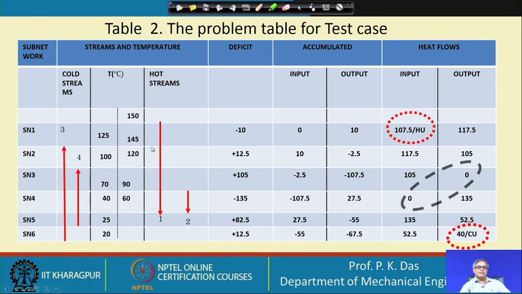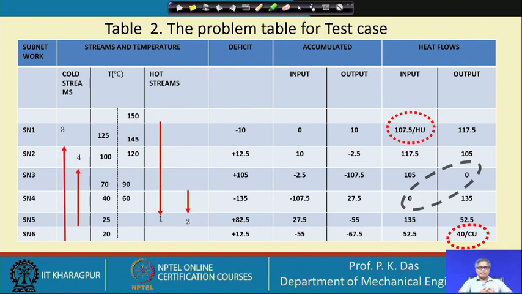That means at the pinch point, the hot stream side temperature will be 90 and the cold stream side temperature will be 70. Exactly 20 degree Celsius of temperature difference. This is the pinch point.